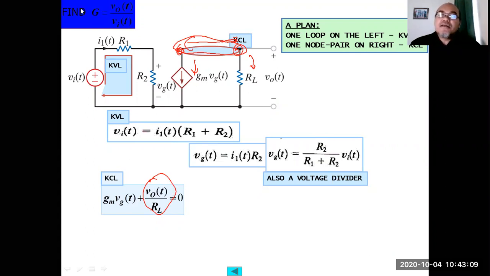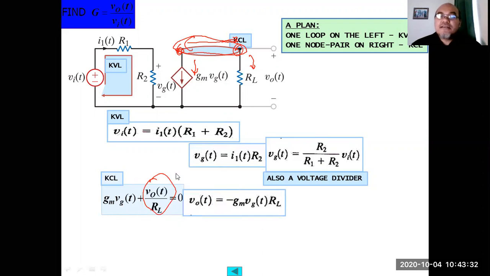Here, the amplification gain G equals VOT divided by VIT. VGT has been calculated from the left side using Kirchhoff's voltage law. So we just need to substitute the value of this VGT into the Kirchhoff current law on the right side.